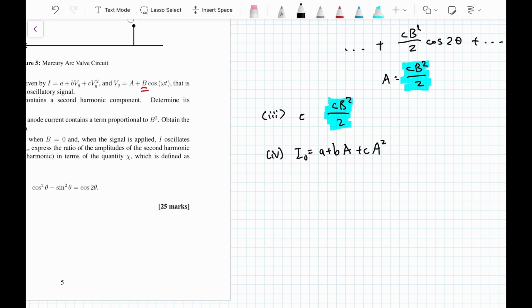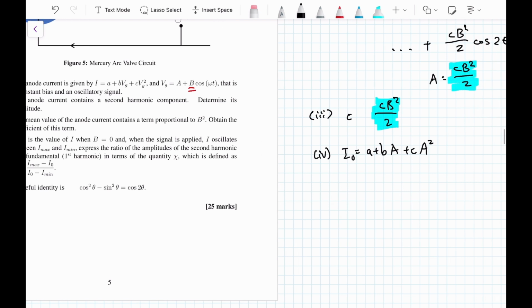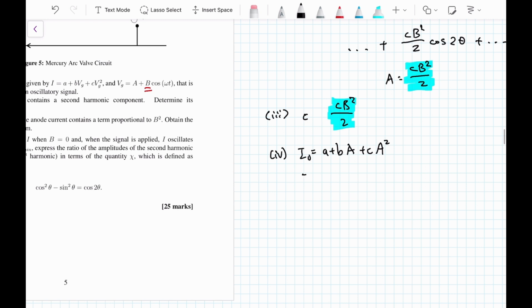Another thing is that if we want to calculate the Imax and Imin, we need to express current in terms of its harmonic components. If we directly input cosine omega t equal to 1 for Imax, that doesn't necessarily work with the original equation. So I think we need to rearrange it or substitute some values into it.